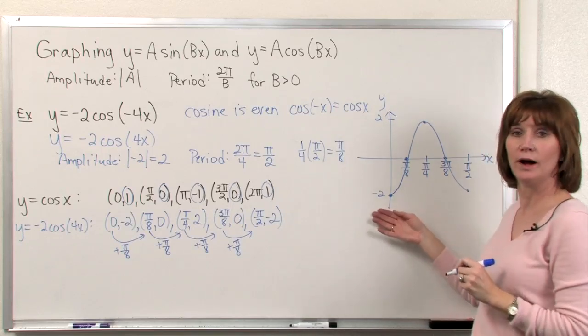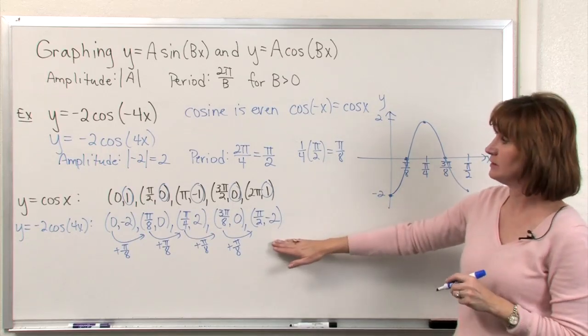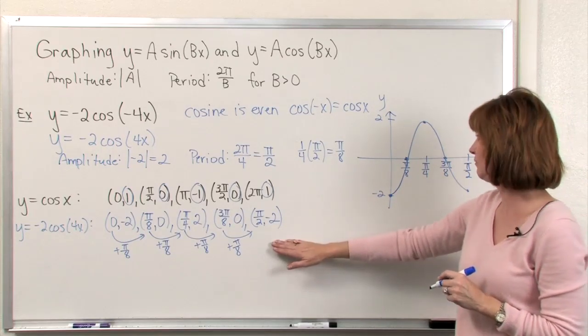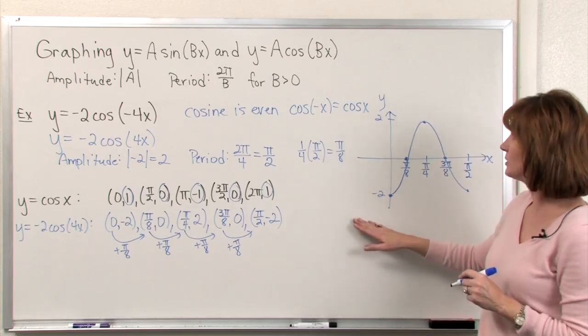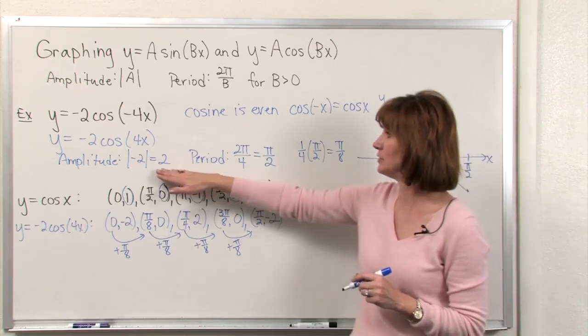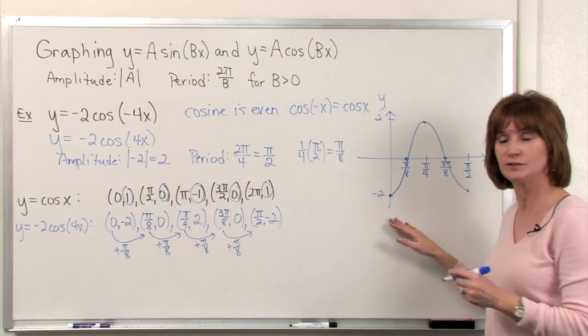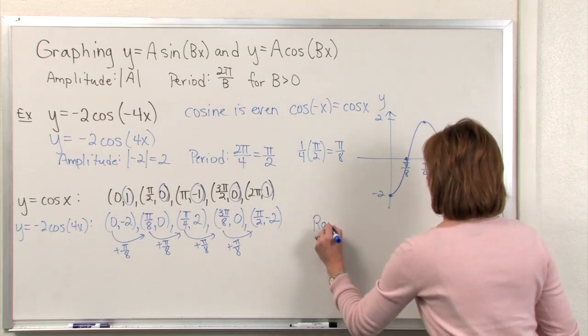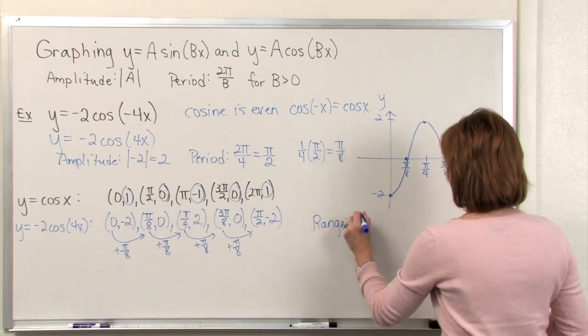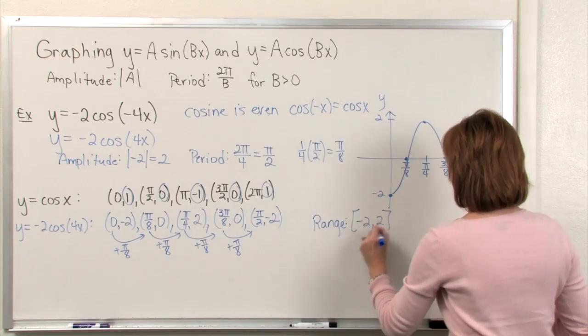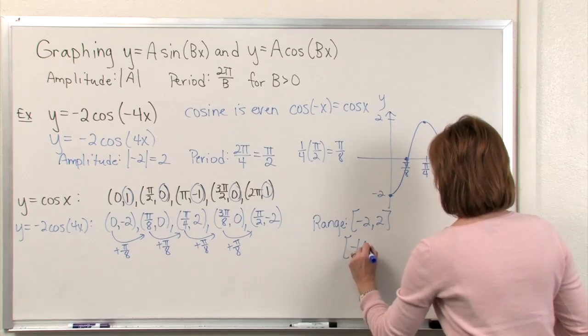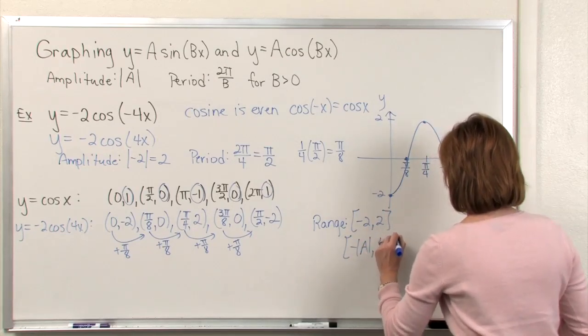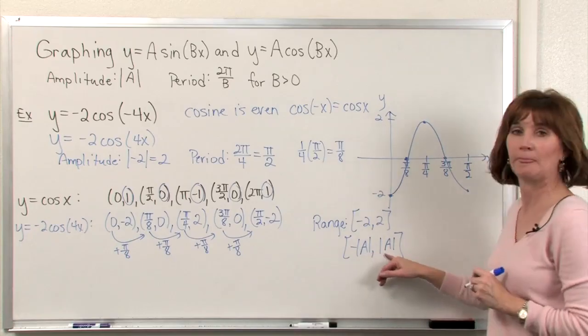So here would be 1 period for this function y equal negative 2 cosine 4x. We figured out the amplitude for this function was 2. What's the range for this function? Well, the range is going to be negative 2 to 2. Remember, it's always negative absolute value of a to positive absolute value of a.